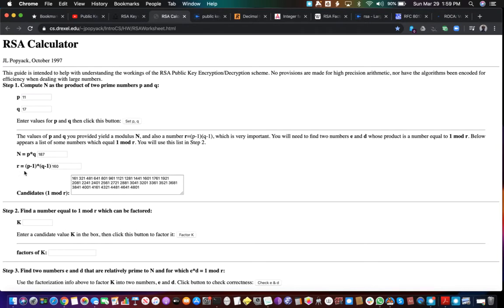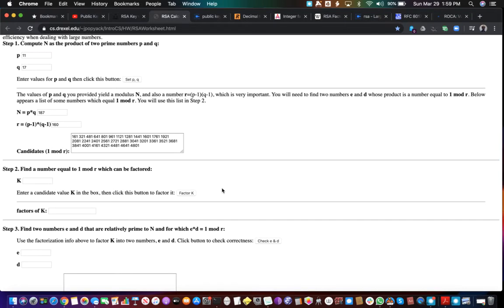It also computes P minus 1 times Q minus 1. We haven't done that math yet, but it turns out that that's phi of n. So R is phi of n, and it turns out to be 160. What's the next step? We need to find an encryption exponent and a decryption exponent.